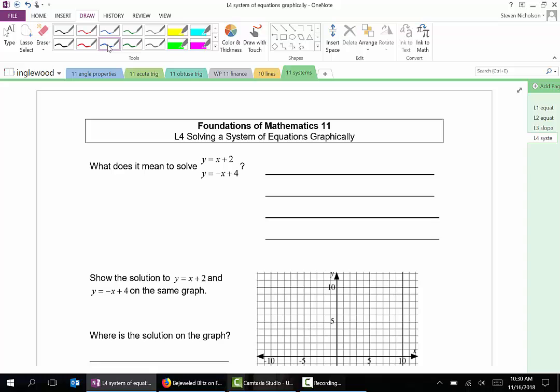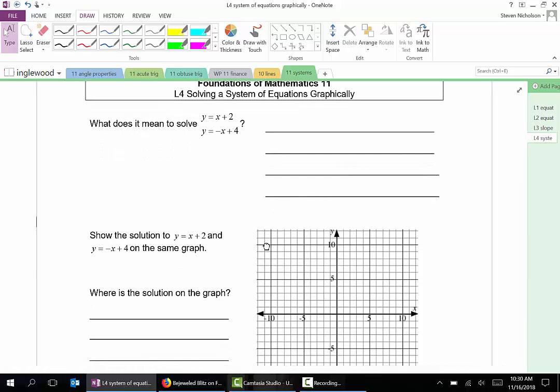So as I've started off all the lessons, what does it mean to solve this system? y is equal to x plus 2, and y is equal to negative x plus 4. Well, if we looked at one of these relations, there's an infinite amount of answers. We're trying to find the truth, but there's an infinite amount of answers. When you're trying to solve a system, here's what you're trying to do.